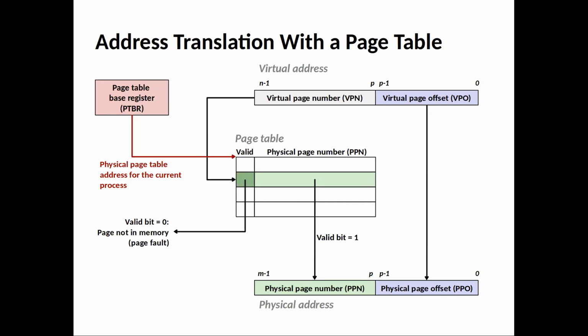So the offset goes from 0 to 11, and then the virtual page number goes from 12 to n minus 1, where 2 to the power of n is the virtual memory size. If it's a 32-bit virtual address space, then the virtual page offset is bits 0 to 11, and the virtual page number is bits 12 to 31.